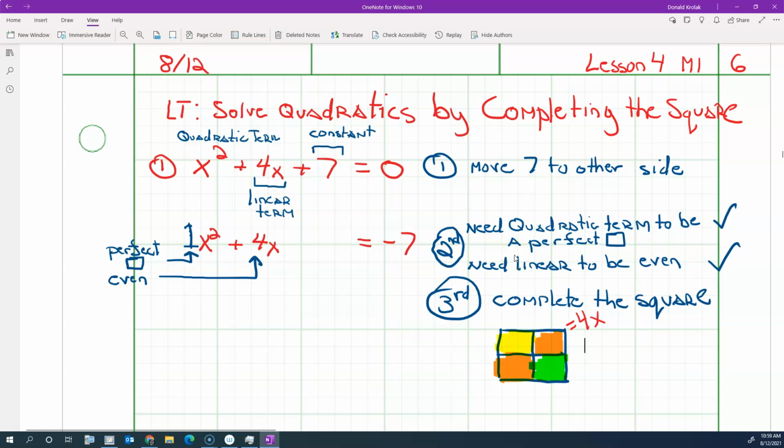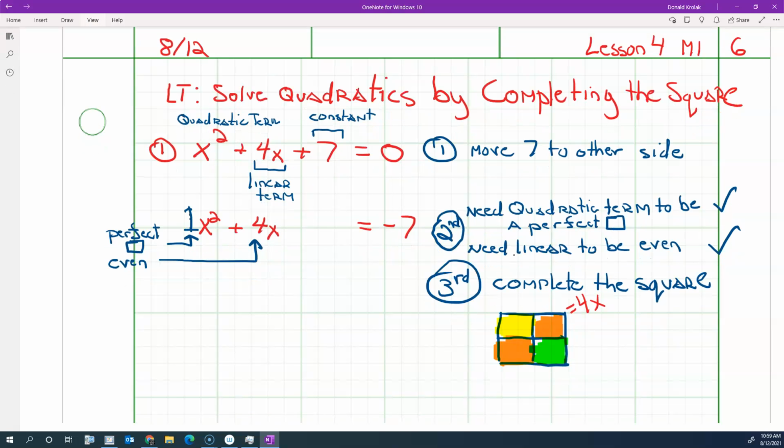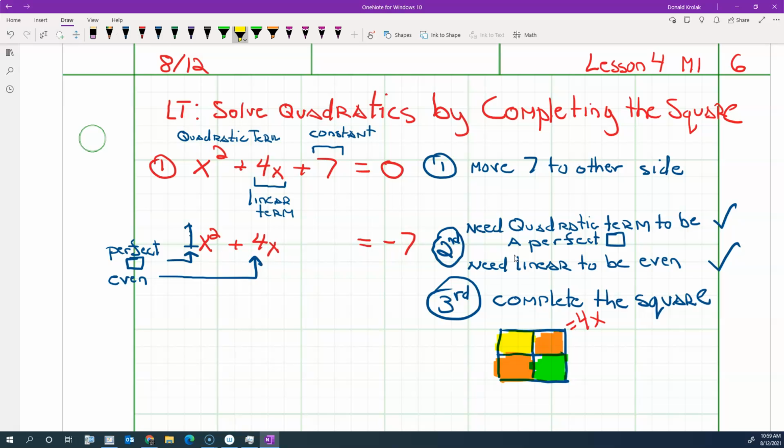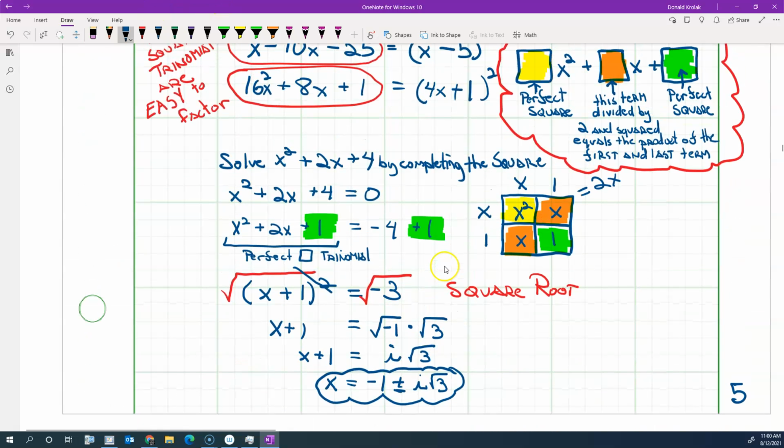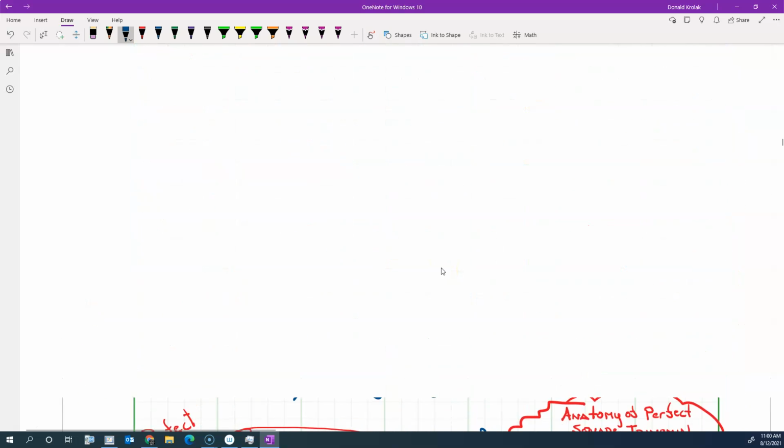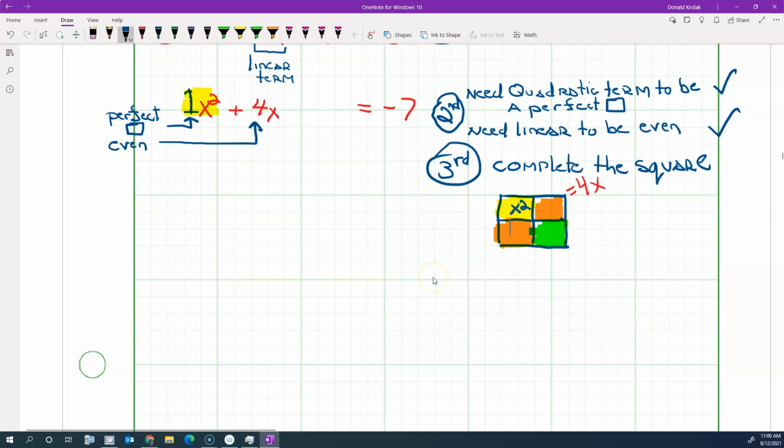All right, so I'm going to color code this. So this goes right here. So this is going to be x squared. Now, I need two terms that add up to 4x, and remember from yesterday, they've got to be the same number, 2x and 2x. So this would be 2x, and this would be 2x.